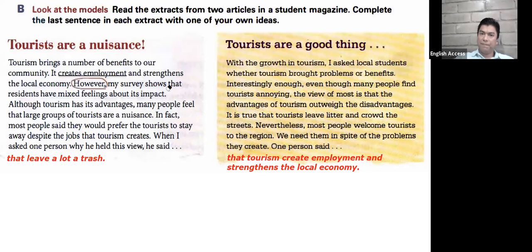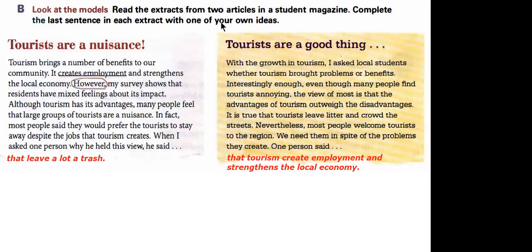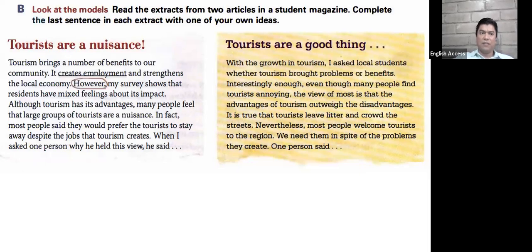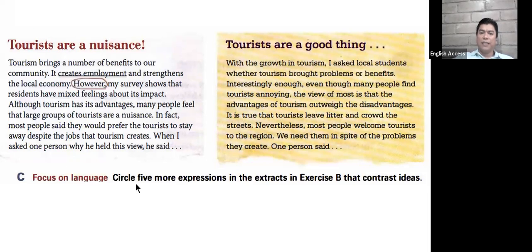Perfect. Tourism creates employment and strengthens the local economy. Very good, ladies. So now what you have to do is circle 5 expressions in the extracts in exercise B that contrast ideas. So look for the expressions that contrast ideas, please.